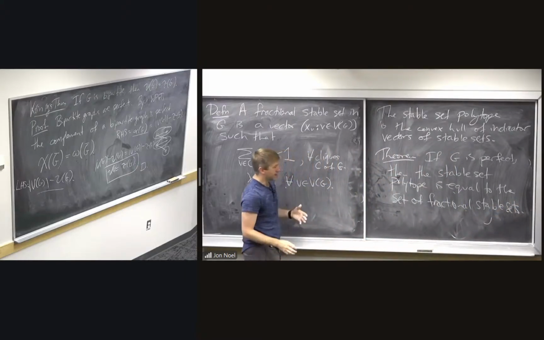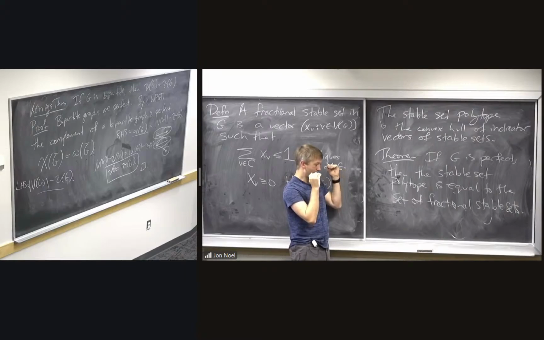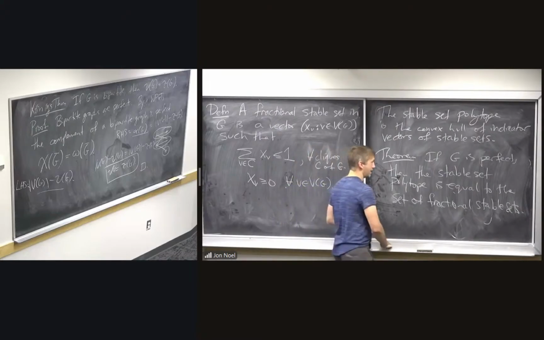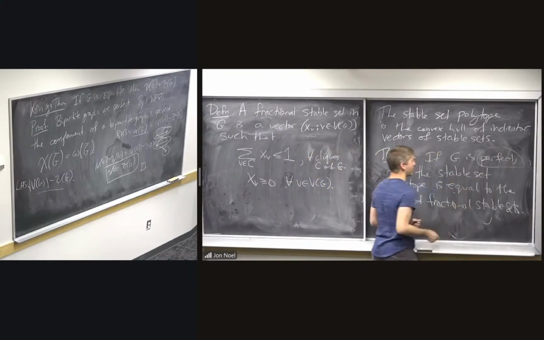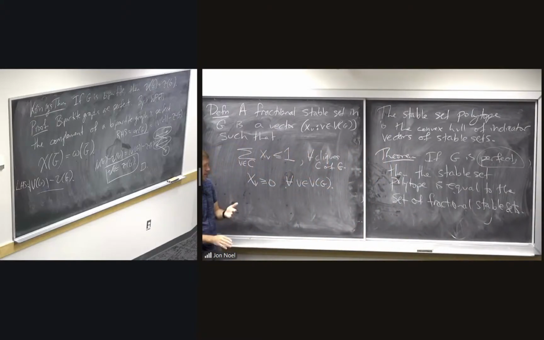The reason I'm writing this is because this is very analogous to what we had for matchings in bipartite graphs, where we said the matching polytope of a bipartite graph is equal to the set of fractional matchings. And this is the same thing, but for stable sets. And this holds whenever G is a perfect graph. Okay, so I think that's all for today.